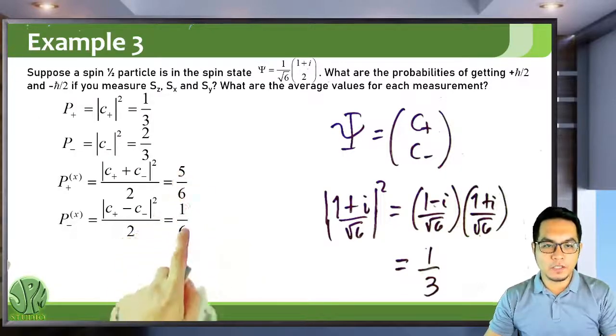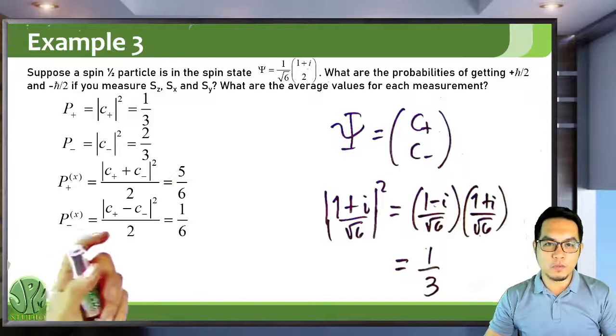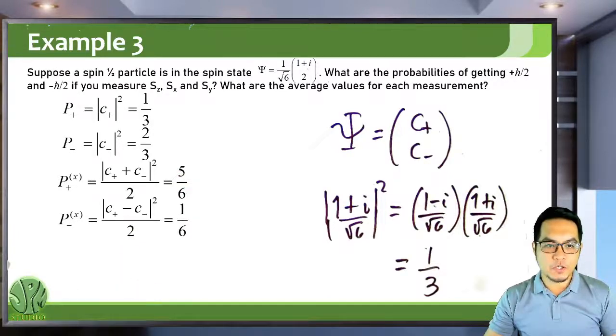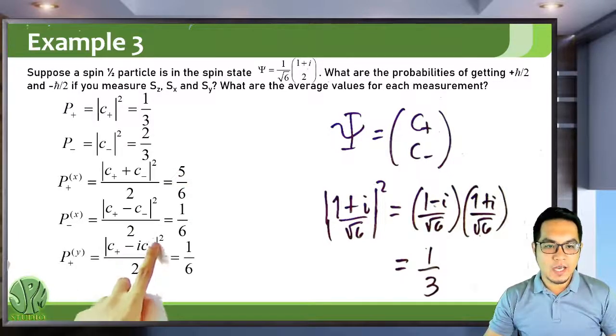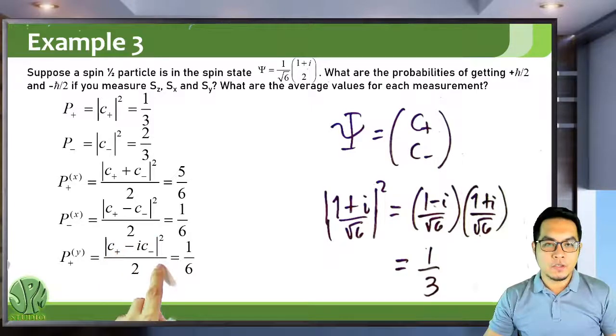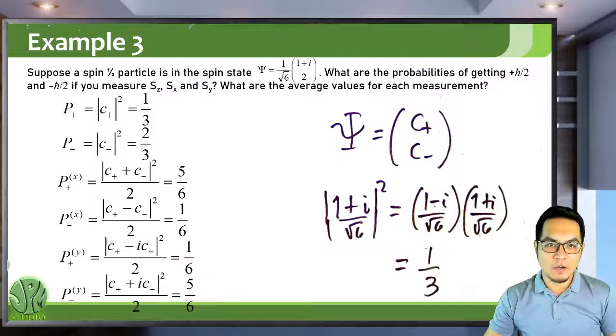You will notice that the total probability should always be equal to 1. So finally, if you measure Sy, this is the probability. The probability of getting positive h bar over 2 is 1/6, and for negative h bar over 2, it's 5/6. So the total probability is still 1.